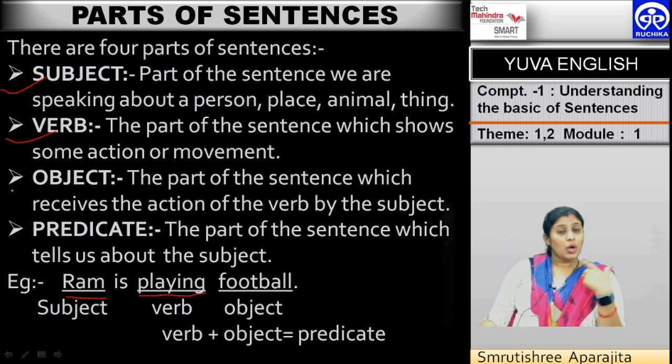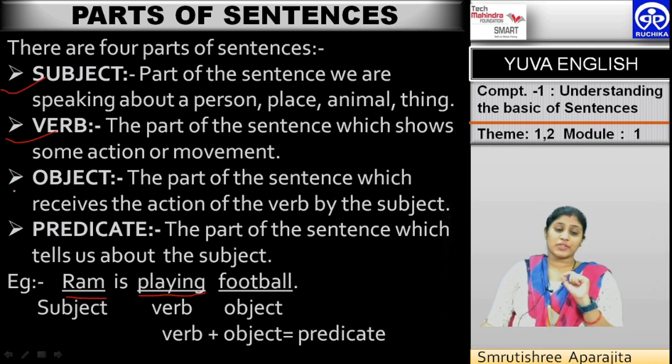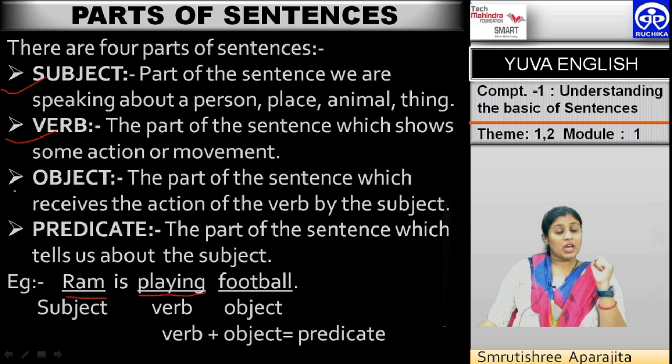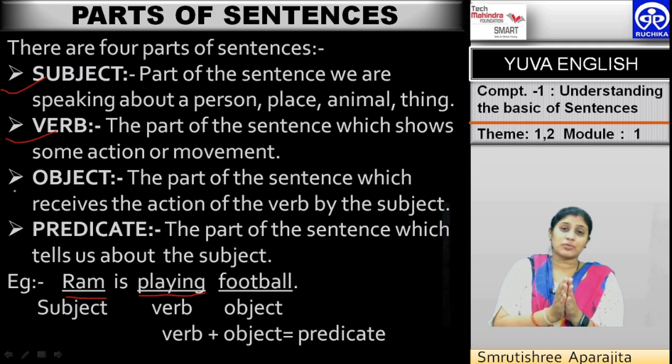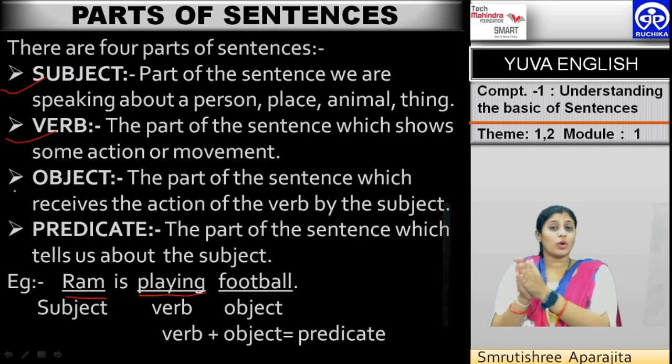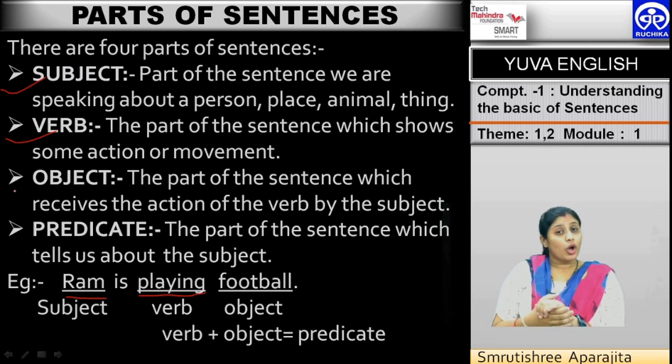We'll see what is the object. Now object is also a part of the sentence which receives the action of the subject. The subject is going to do some kind of action, or the subject is going to show some kind of movement which is going to fall on the object.